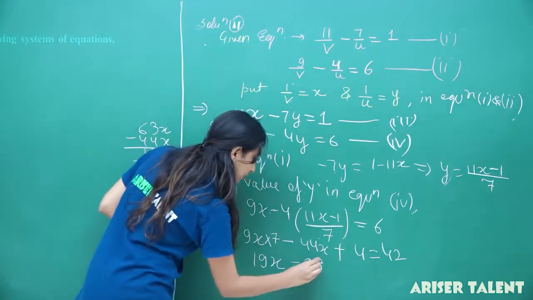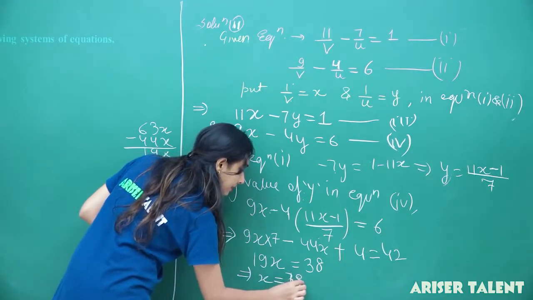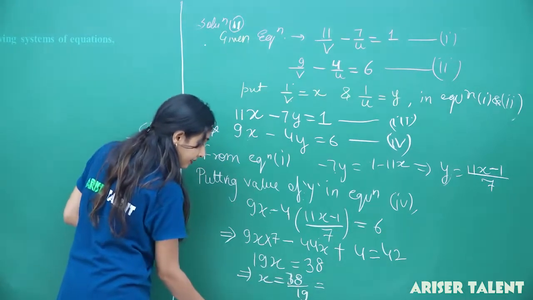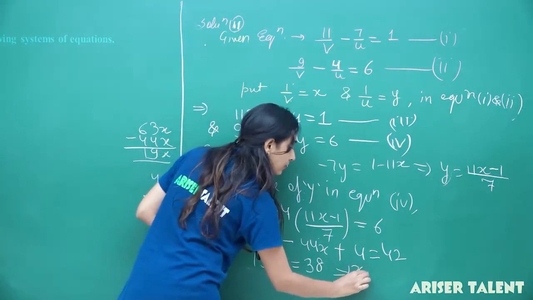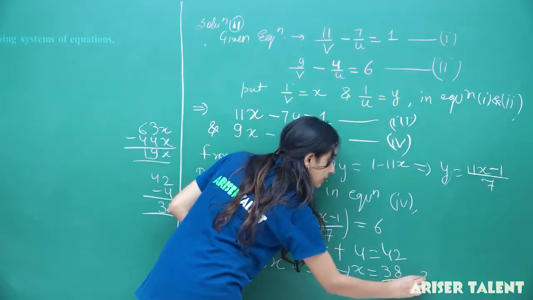So x will be equals to 38 by 19, that is equals to 2.